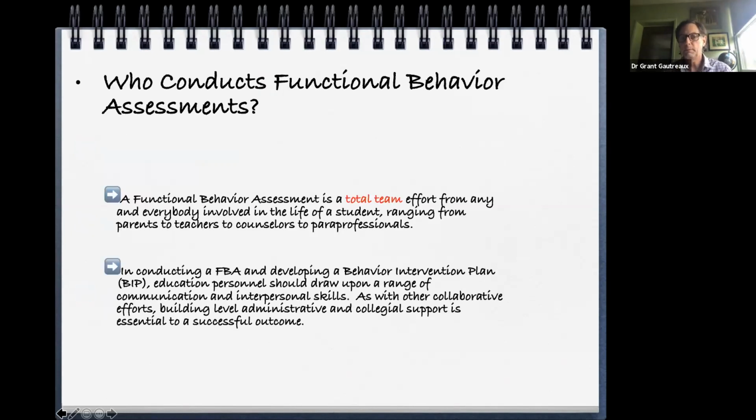Generally speaking, especially in school settings, we're looking at a total team approach to conducting an FBA. Sometimes the social worker, the school psychologist, counselors, the teachers, all of these individuals are contributing as a whole to the assessment process.